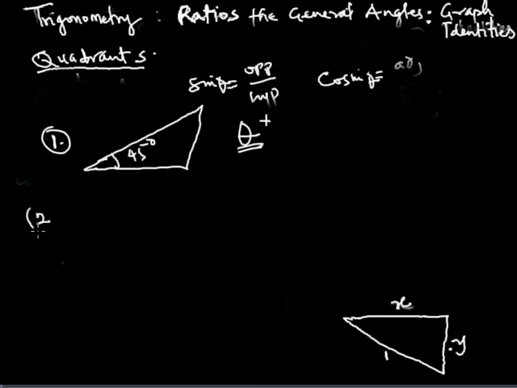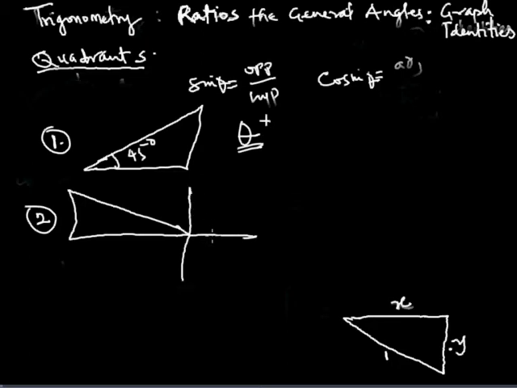In the second quadrant, the angle is 180 degrees minus theta. Why?